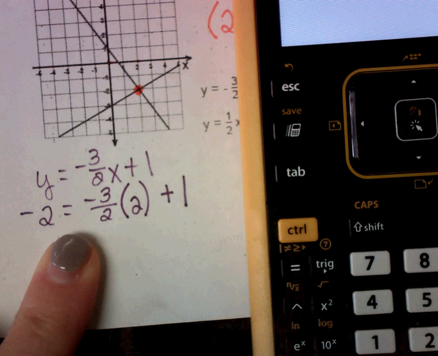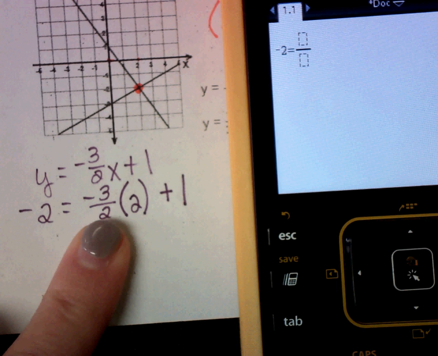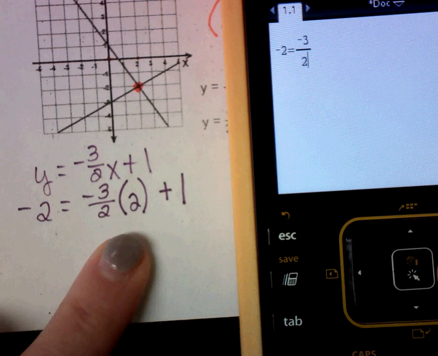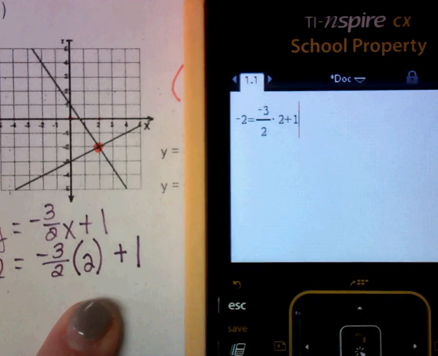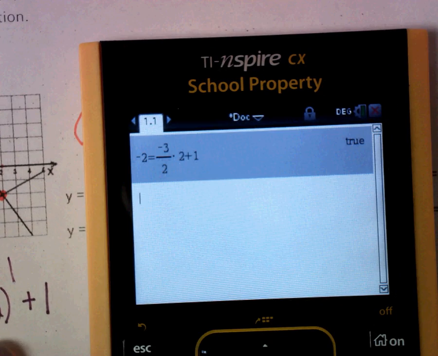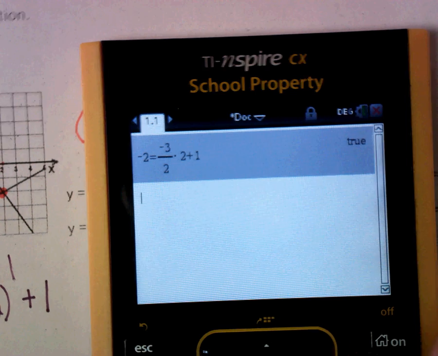So equals, and then I'm going to do my fraction, -3/2 times 2 plus 1. And it's going to tell me true or false. Okay, so let's see. True. So bam, I just checked it, I just verified. This is a great tool for your calculator. But remember, if you type it in wrong, it's going to mess you up.